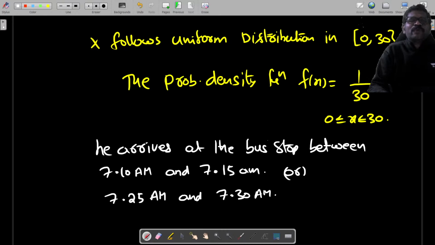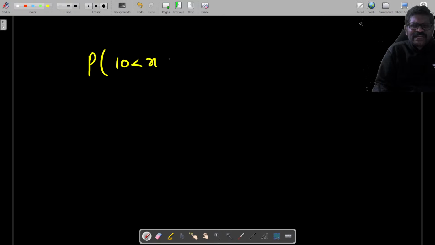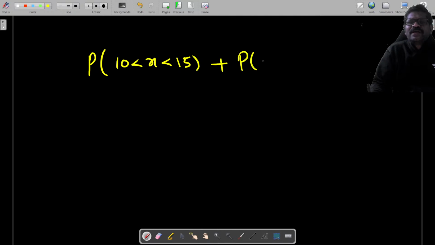That's why we have to calculate the probability that x varies from 10 to 15 or 25 to 30.